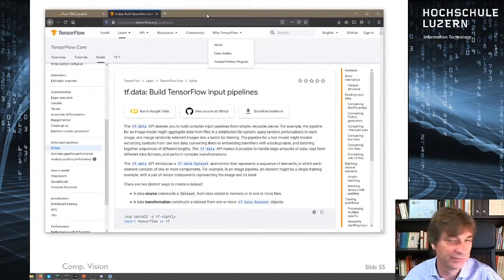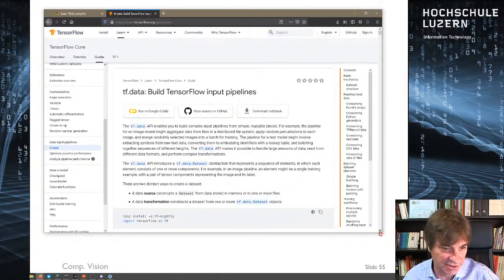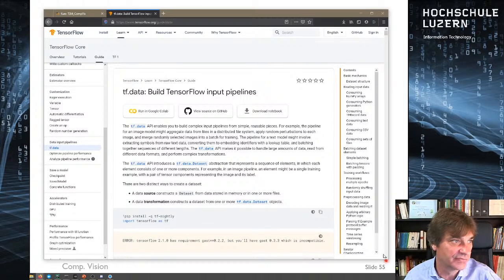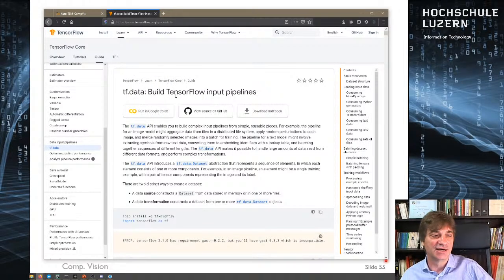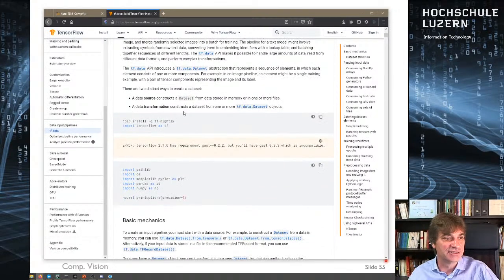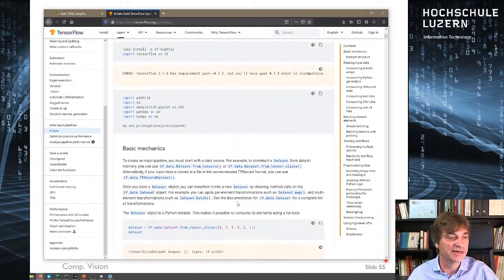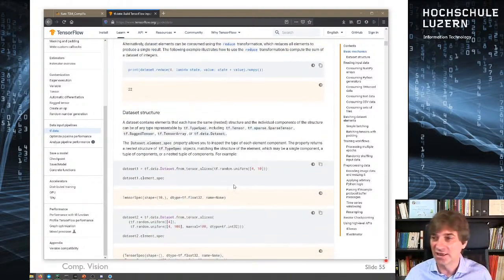So actually here, if you go to TensorFlow and data, there is a page on TensorFlow on how to build an efficient input pipeline using that dataset that we have just seen, which goes into more detail of what you can do here.